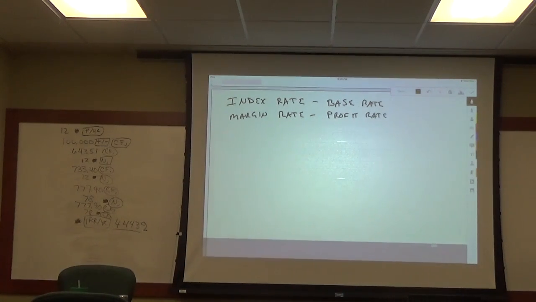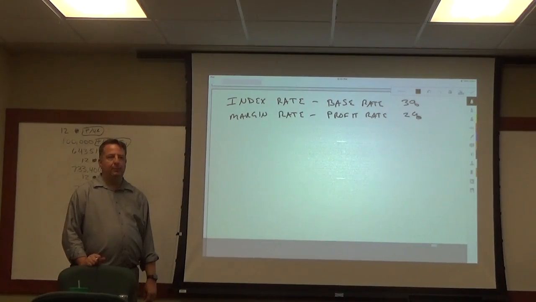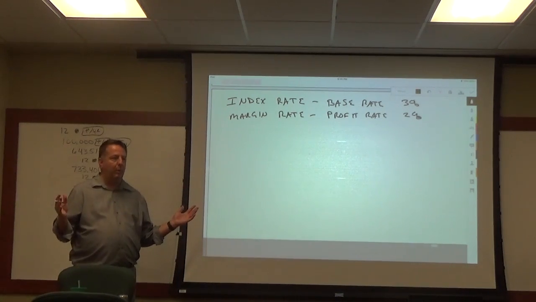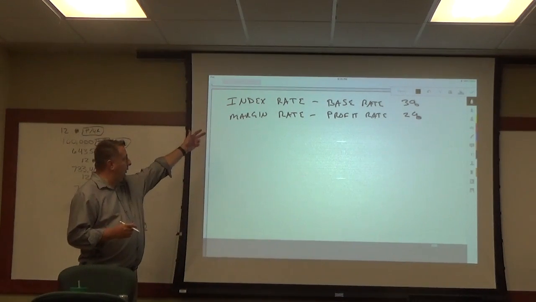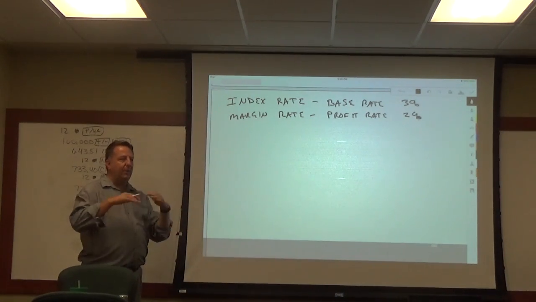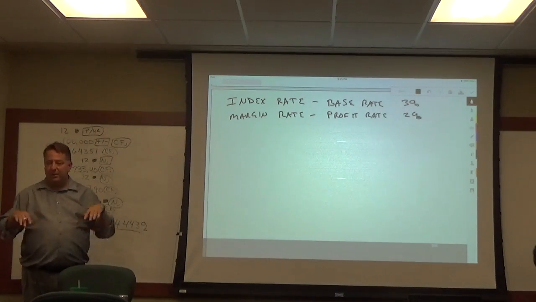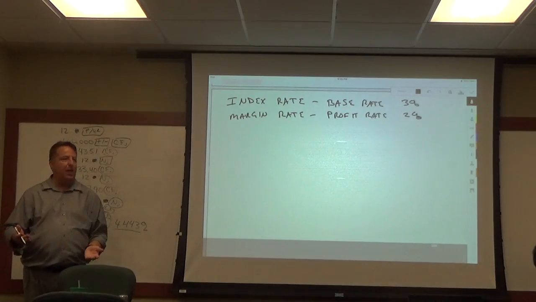Well, because if this margin rate is 2% and the base rate is 3%, which of those is probably going to fluctuate? The index rate. That's the one they don't control, okay? The local lender pretty much controls what the margin rate is, and so they can just say, whatever the base rate or the index rate is, we're just going to tack on 2% on top of that.